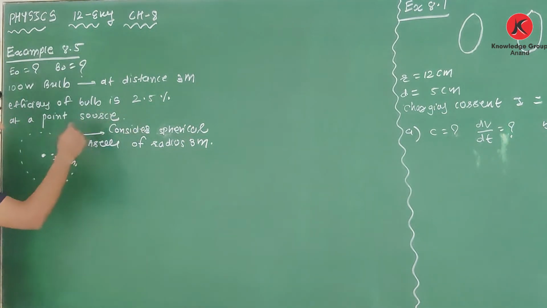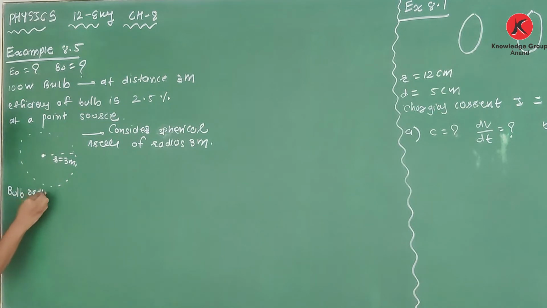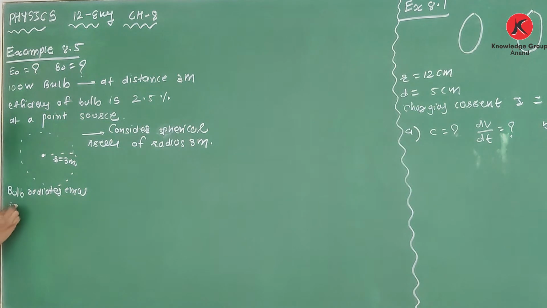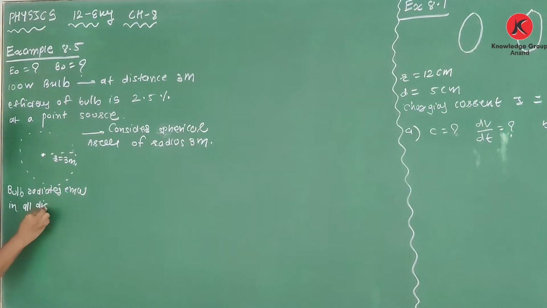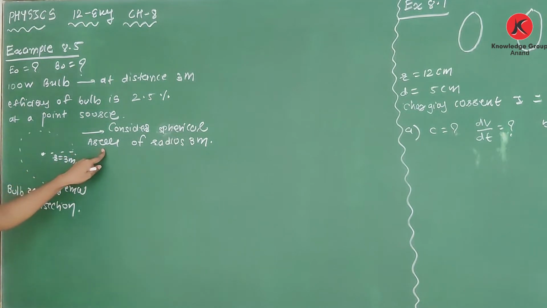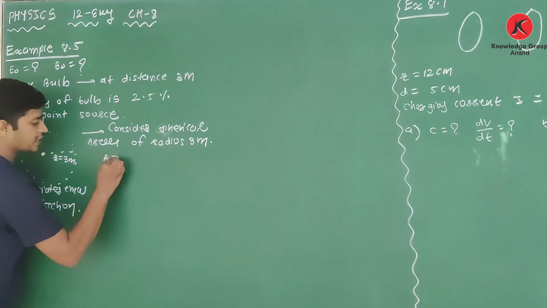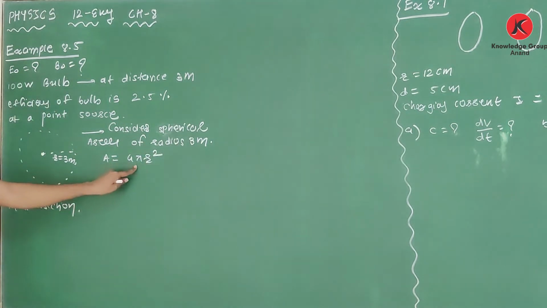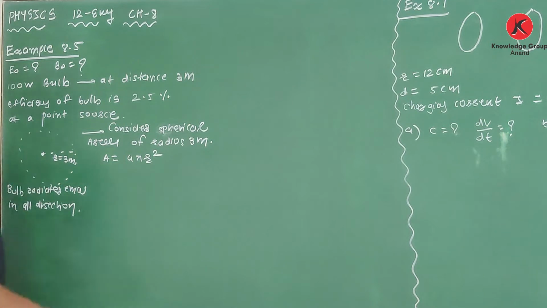That's why you have to consider spherical radius. Because the bulb radiates electromagnetic waves in all directions, consider a spherical area of radius 3 meters. So what is area? Area is equal to 4 pi r square, that is 4 pi, and r you have to take 3 meter. So yes, first point is you have to find area.